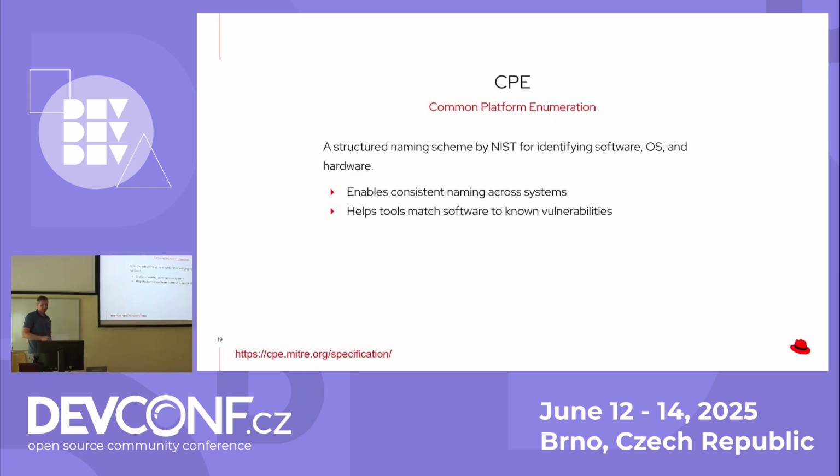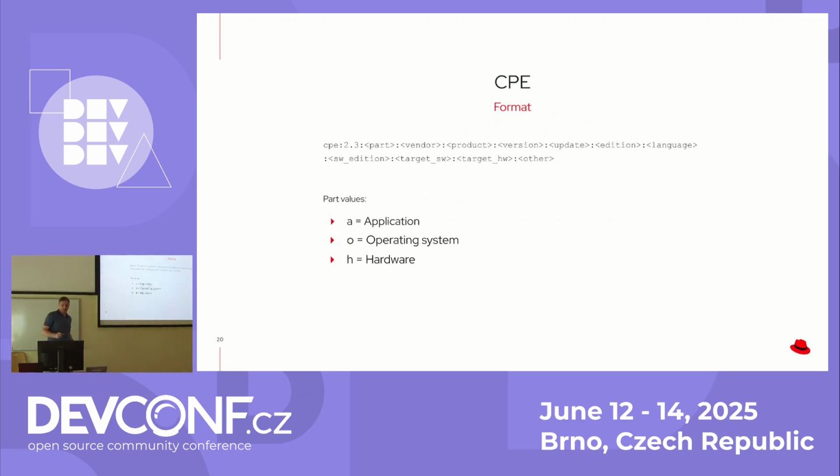standard that emerged with the CVEs, called Common Platform Enumeration. It was the first attempt to provide something to enable us to consistently identify applications, operating systems, and hardware, basically. This is the CPE 2.3 format, and you can see it's basically colon-separated values.